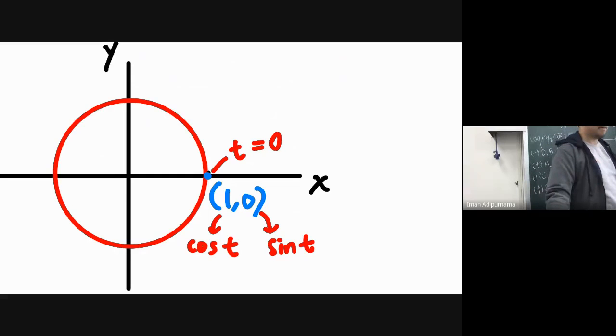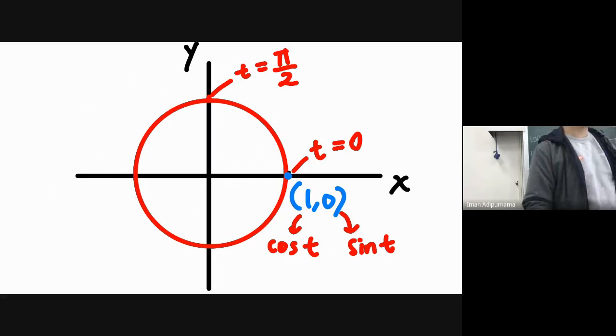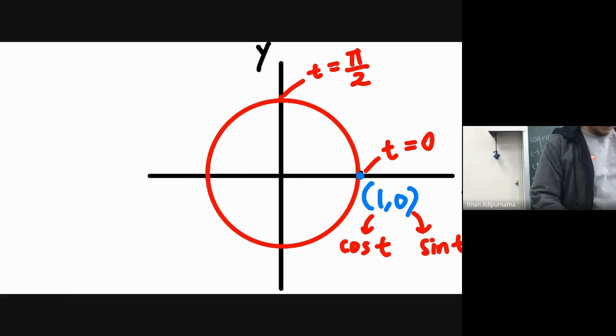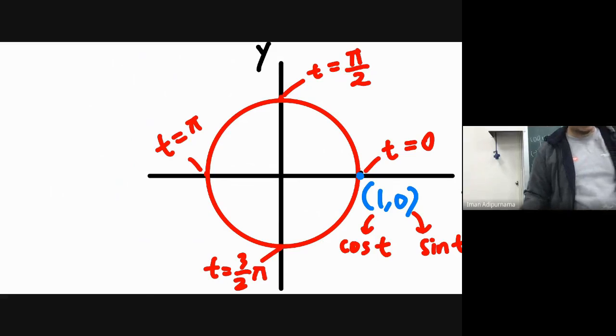Got it? And this is when t is pi over 2. And this is t equal pi. This is t equal 3 over 2 pi. I hope you don't get confused.